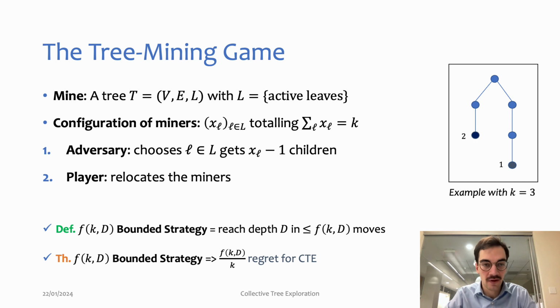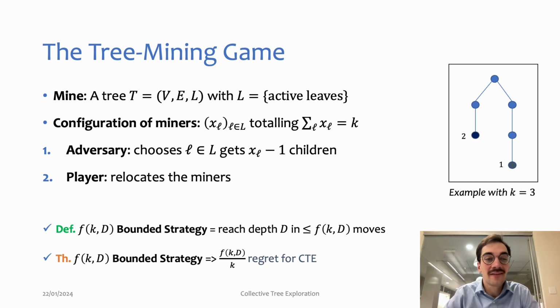And at each round, the adversary is going to choose one of the active leaves and provide it with x_L minus 1 children. So for instance, if it chooses the active leaf on the left, it provides it with 1 child. And if it chooses the active leaf on the right, it provides it with 0 children. Then the player has to relocate the miners so that they are located on an active leaf.